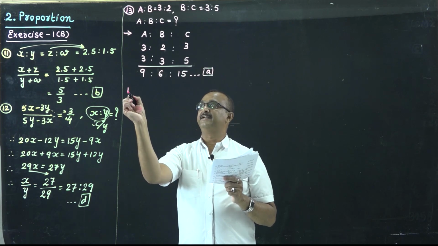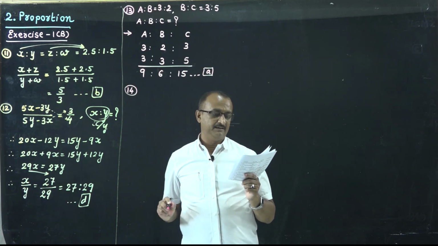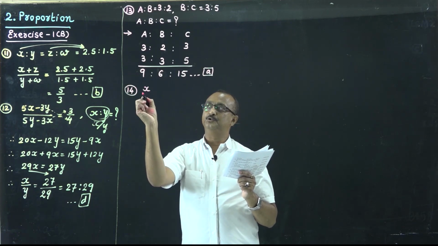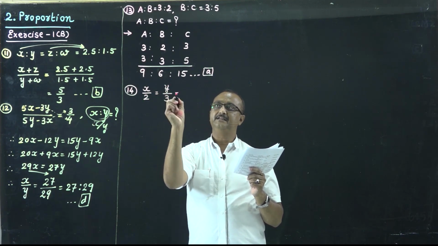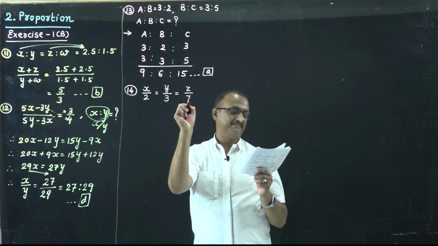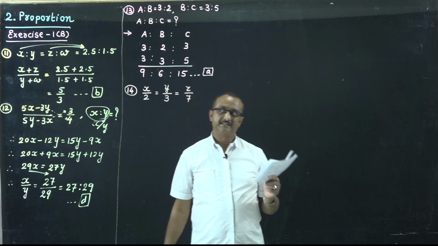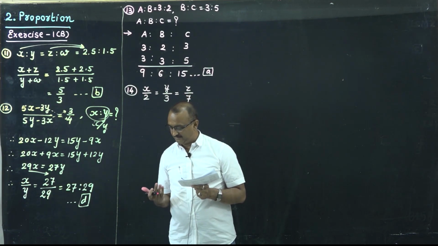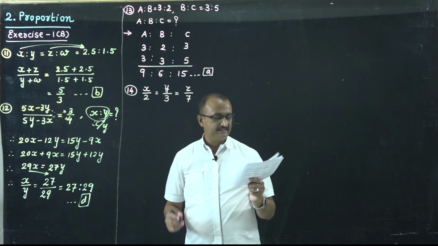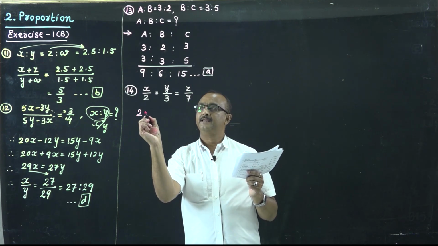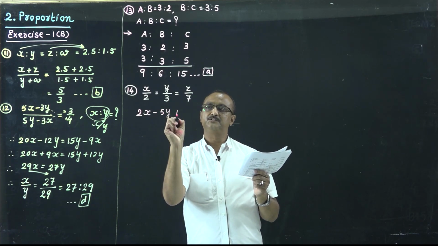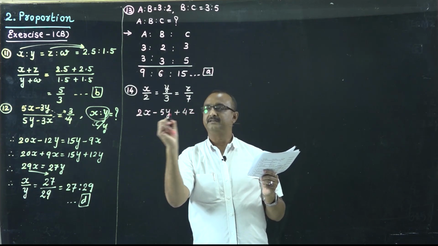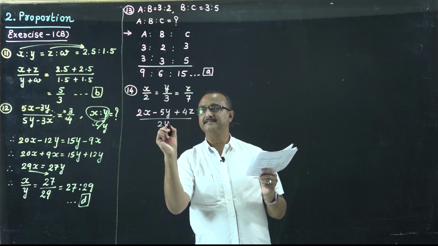Question number 14. x upon 2 equals y upon 3 equals z upon 7. Then the value of (2x minus 5y plus 4z) divided by 2y is.